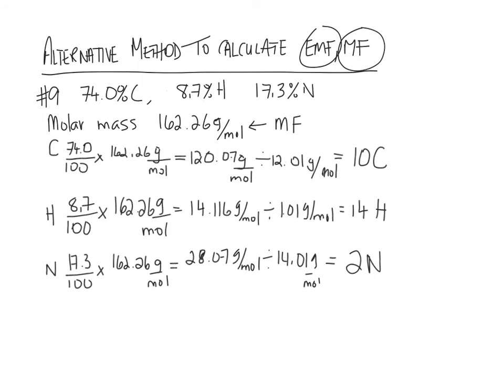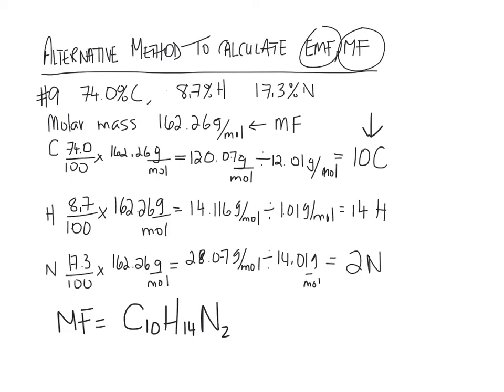So what this gives us is the ratio of the atoms in our formula. So from this, you get the molecular formula. So our formula for the compound is C10H14N2, and that is our molecular formula.